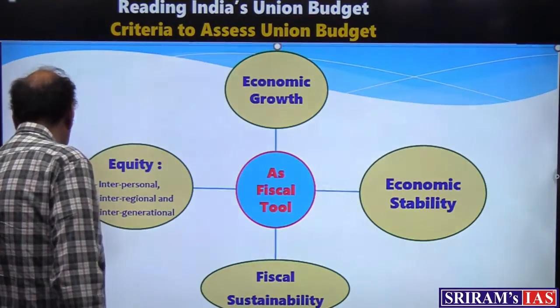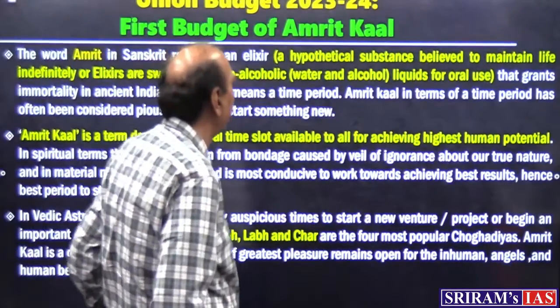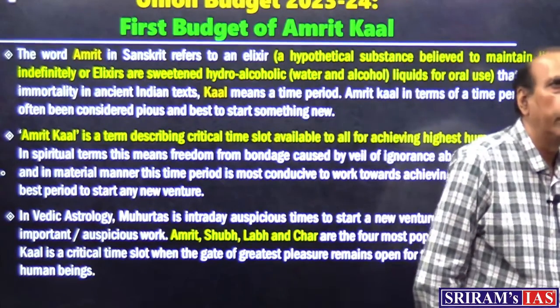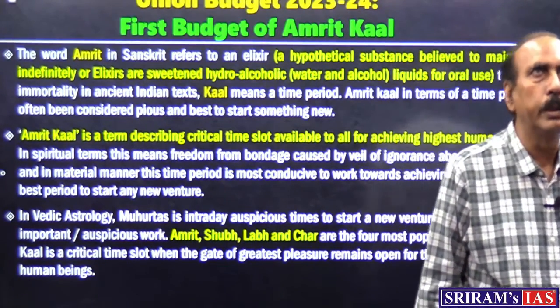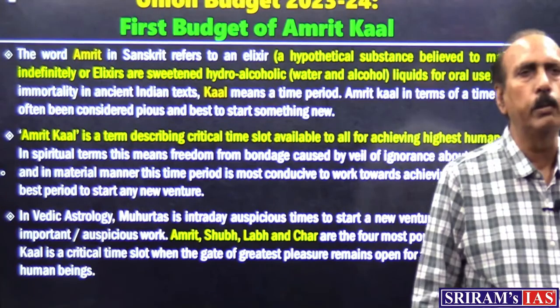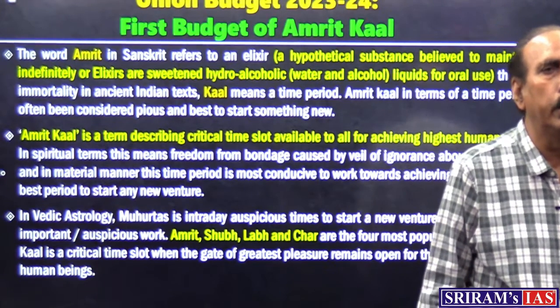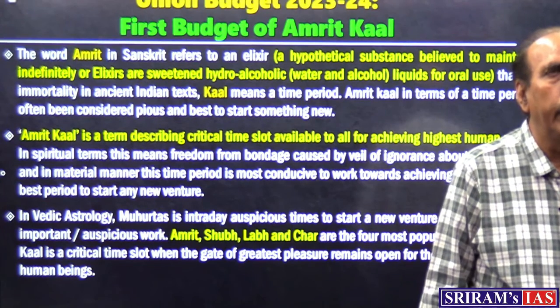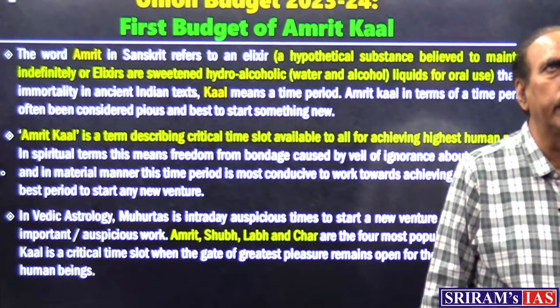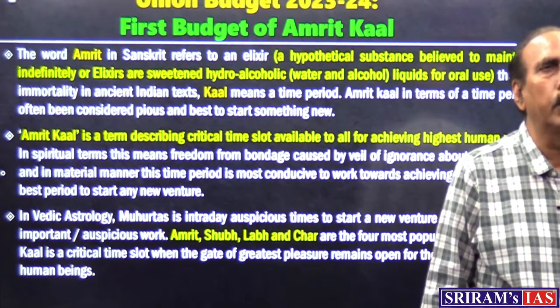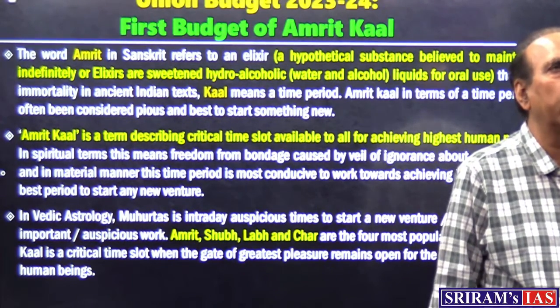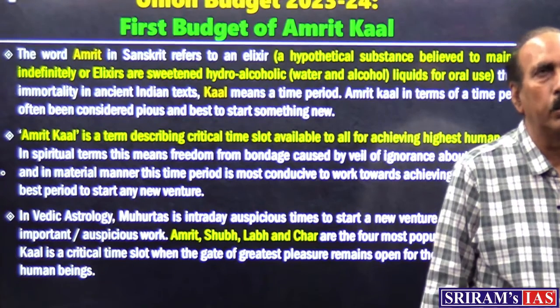The budget in the current year 23-24 is the first budget which is presented in the Amrit Kal. Therefore, you need to understand the nuances of this budget. Government has announced Amrit Kal for the next 25 years.